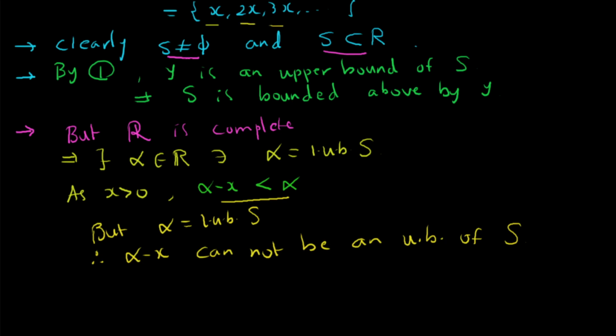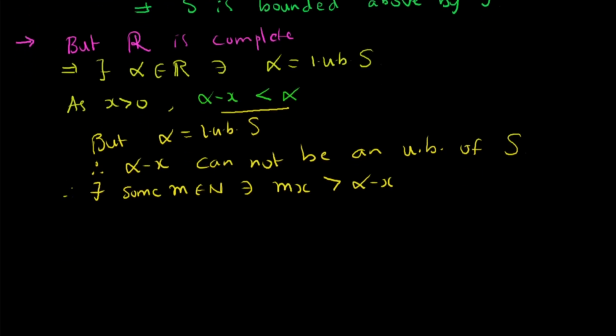So there is something in this set which is bigger than alpha minus x. What are the elements of S? Elements of S are of this form. So I can say there is some natural number m such that a number of the form mx is greater than alpha minus x.